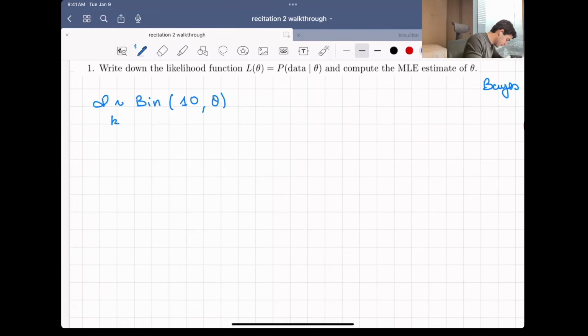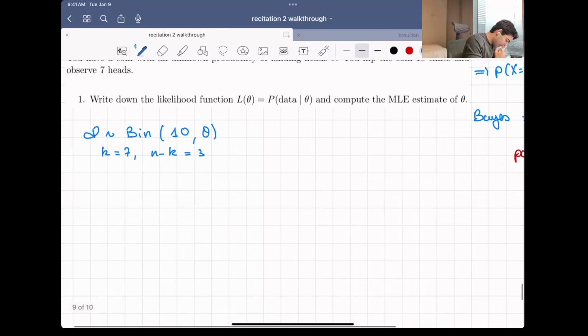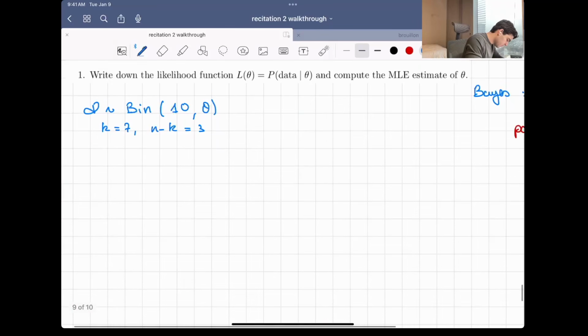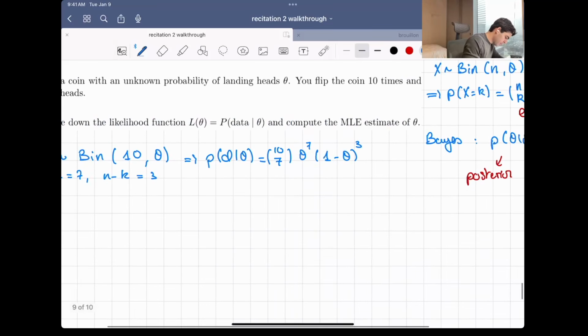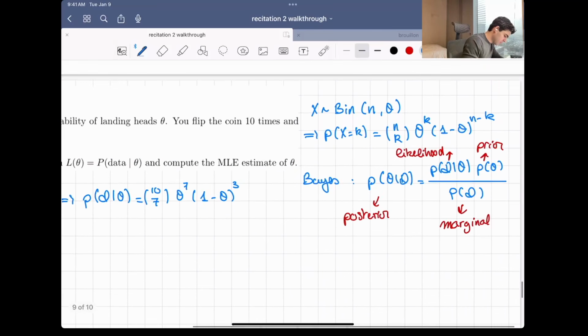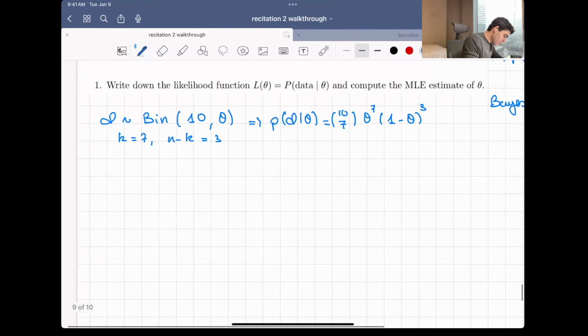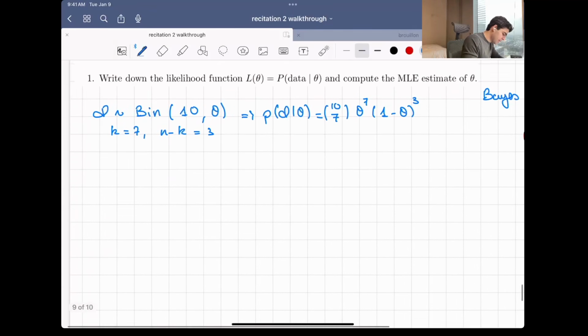We know that k is equal to 7, so n minus k is equal to 3. So the probability of the data given theta is n choose k, which is 10 choose 7, times theta to the power 7 times 1 minus theta to the power 3. This is the likelihood.